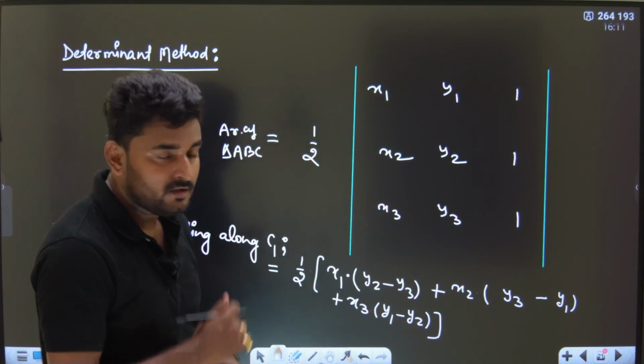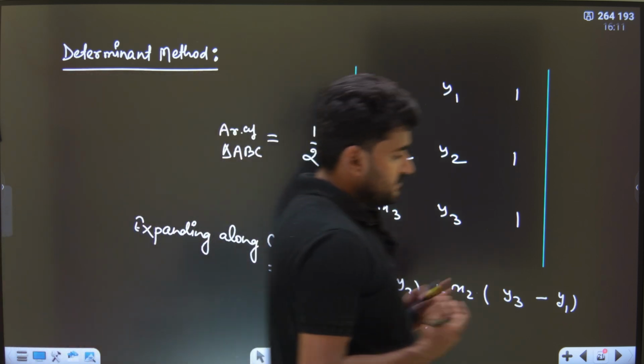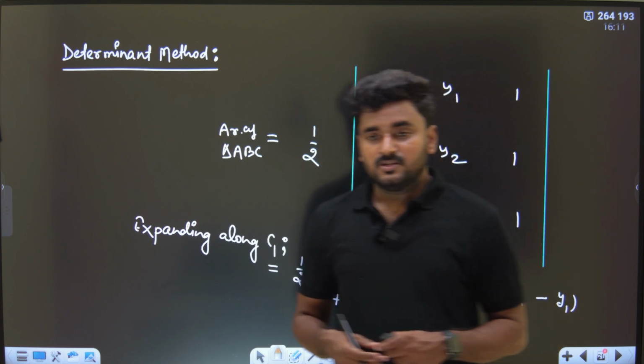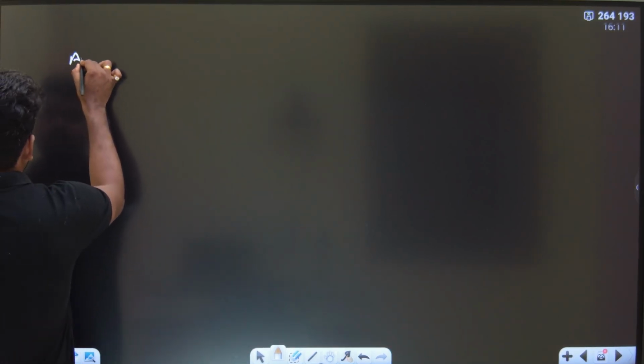Understand? Now let us see another thing. It means you can find the area of triangle very easily. So now I am telling you another thing, the area of quadrilateral.